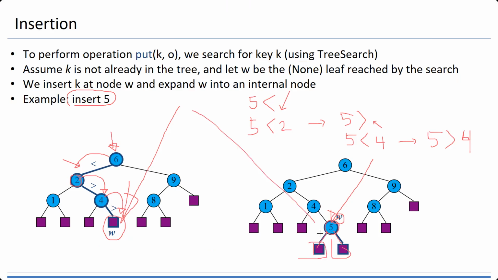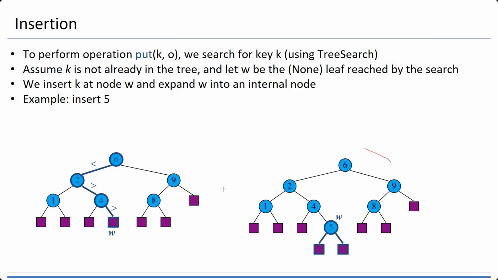So there will be 2 external nodes, this one and this other one. Then the new tree will be like this one.